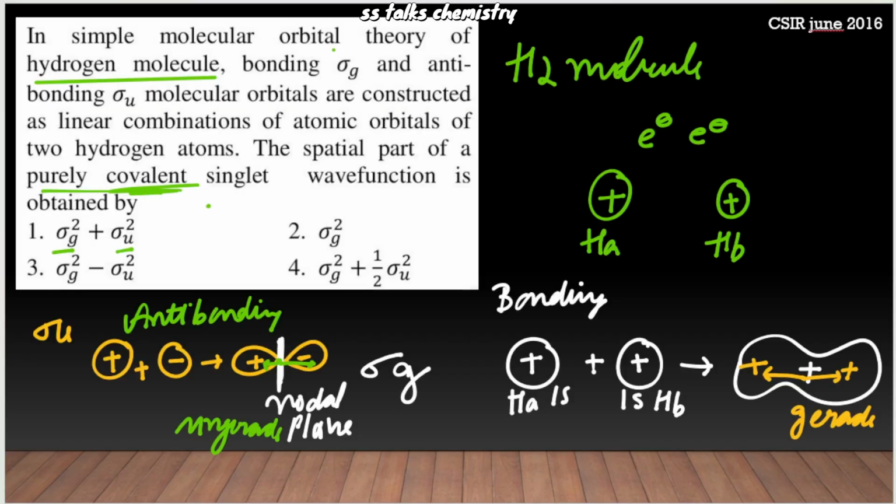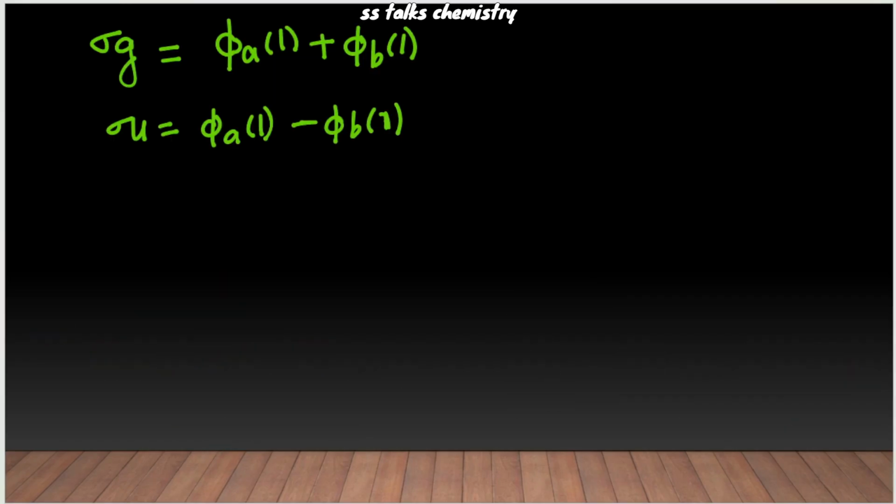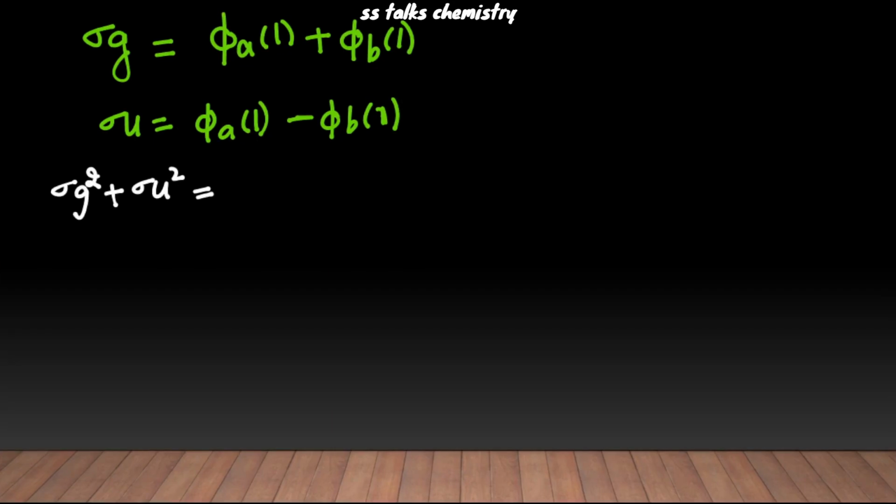Now what we need is sigma g2 and sigma u2. How will we be finding that? Sigma g squared plus sigma u squared is given. Sigma g squared becomes phi A1 plus phi B1. Now the second time, again sigma g we have to consider, for the second electron.